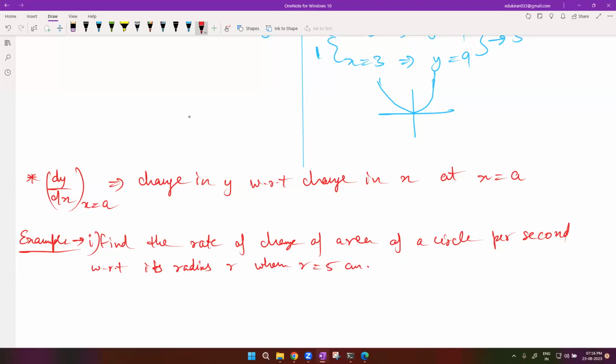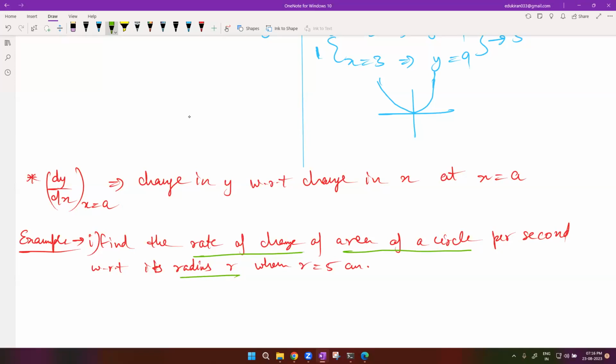So we have to find out the rate of change of area of a circle. First, understand what the important points are: area of a circle, rate of change, per second, and radius r.